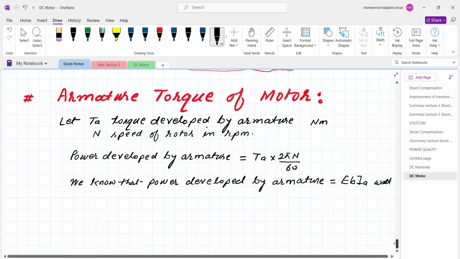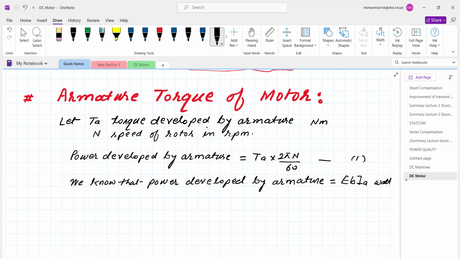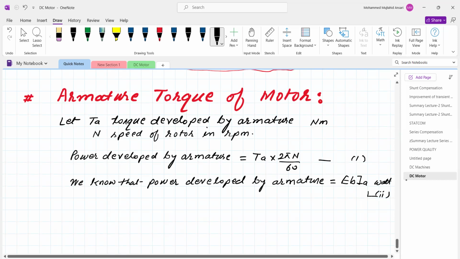Now this is power developed by armature, TA into twice pi n upon 60 and EB into IA is equal to the same value. So say this is equation number 1 and this is equation number 2.